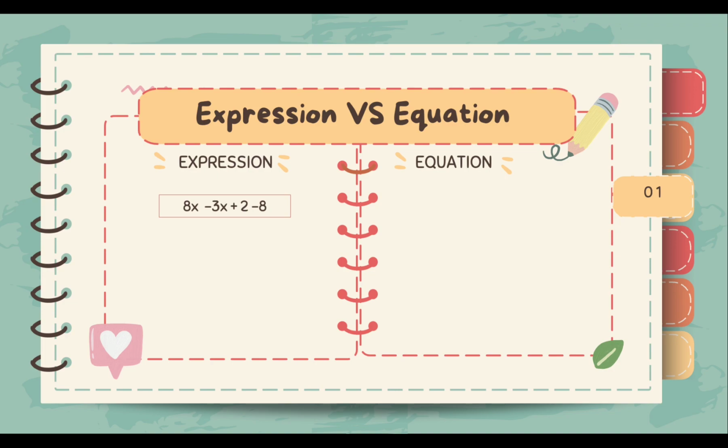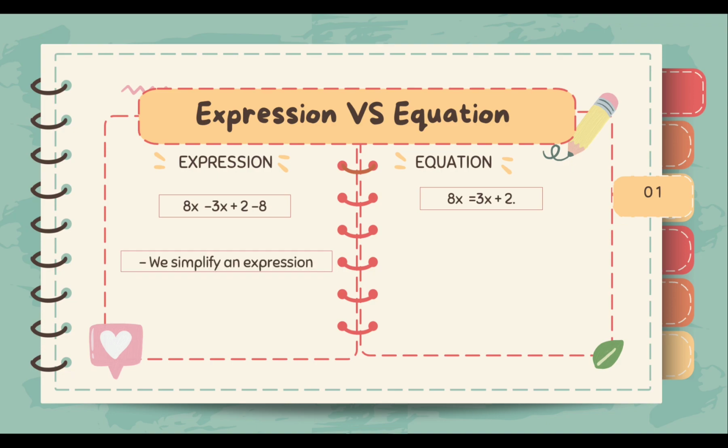No equality symbol. An equation contains numbers, variables, functions or operations, and the equality symbol or the equal sign. Say, for example, 8x is equal to 3x plus 2, the presence of the equal sign.